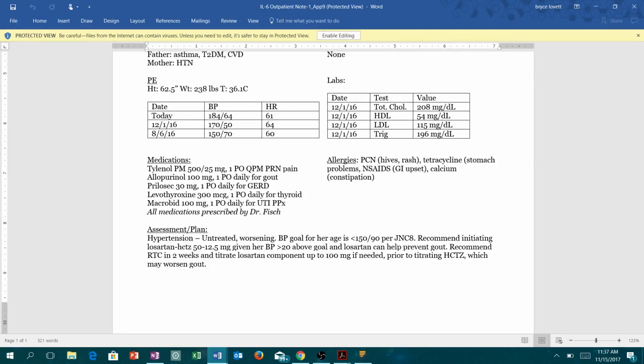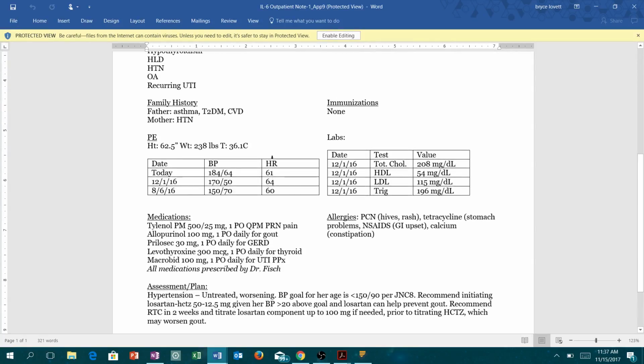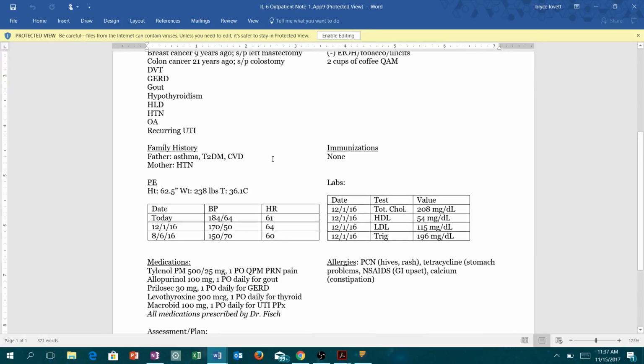This is a case of a 74-year-old Hispanic female who presents to our clinic. She has had an extensive past medical history, which includes hypertension. Today she presents with a blood pressure of 184/64.